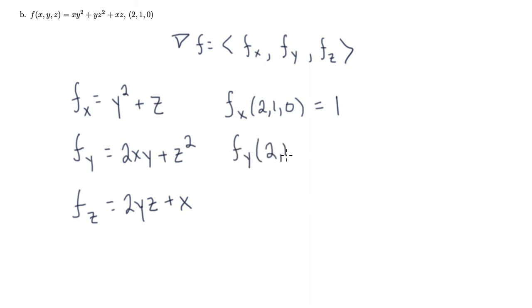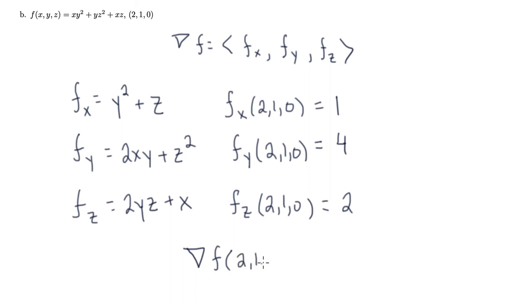Fy of 2, 1, 0 is going to be 2 times 2 times 1, so 4 plus 0, so 4. And then fz, evaluated at 2, 1, 0, is 2 times 1 times 0, so 0, and then plus 2. So the gradient evaluated at the point 2, 1, 0 is the vector 1, 4, 2.